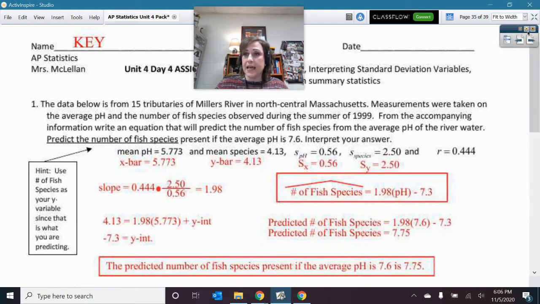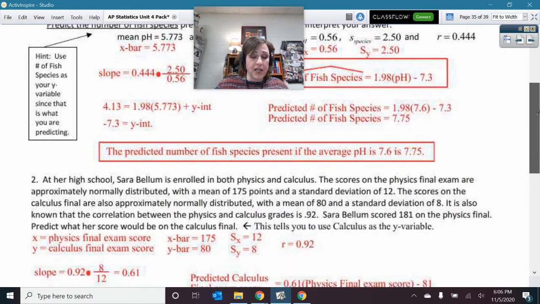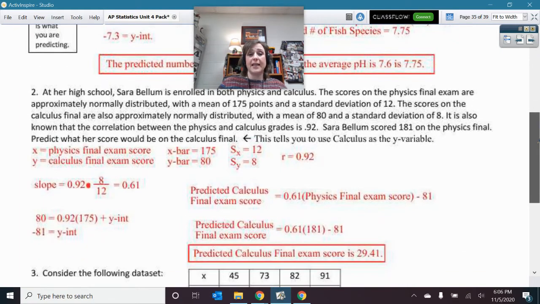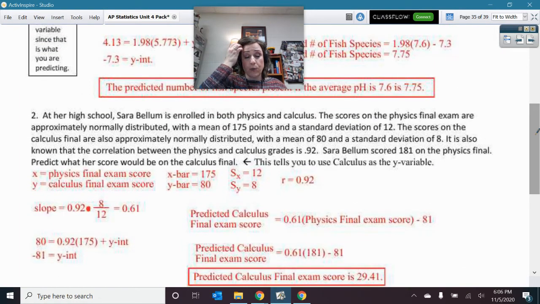Okay, next. It was not necessarily apparent which is the x and which is the y. Since it says predict what her score would be on the calculus final, that indicates that I wanted to use calculus as the y variable.